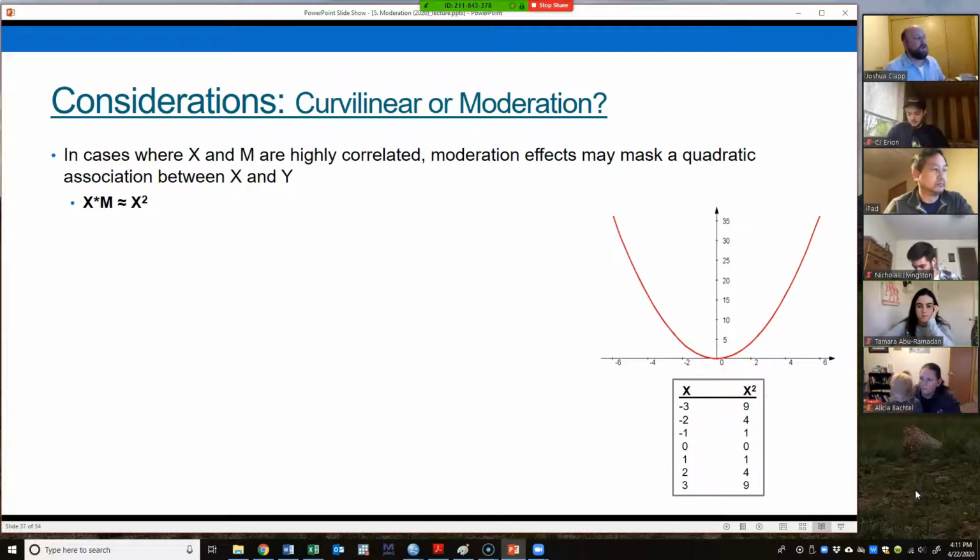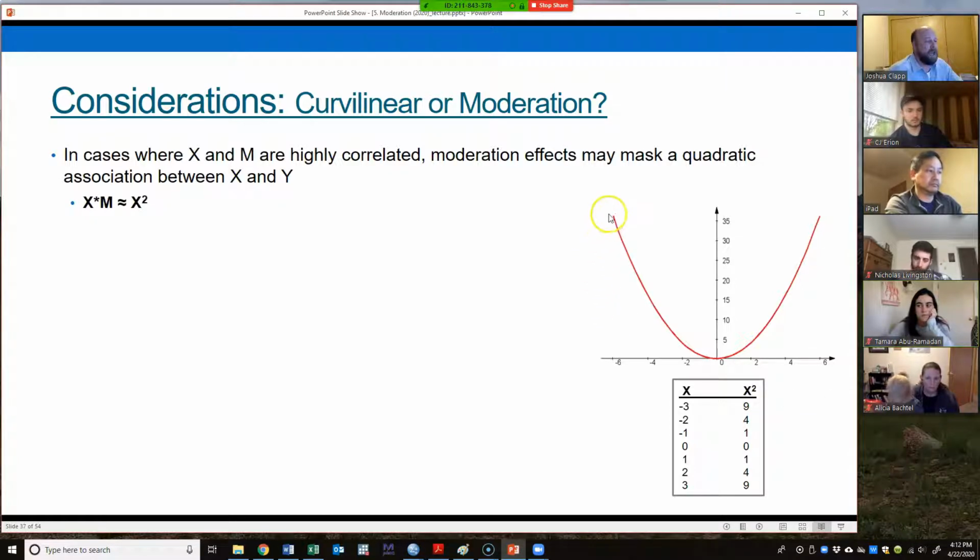But one thing we might want to be aware of is that if I have variables that are highly correlated, so my predictor and my moderator are highly correlated with one another, what I see in my regression model as strong evidence of a moderation effect might actually be picking up on a curvilinear effect between my predictor and my outcome. Okay? If X and M are super highly correlated with one another, the interaction term X times M is about the same thing as X squared, right?